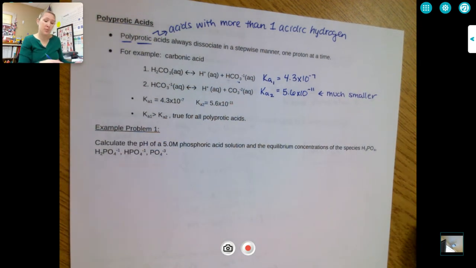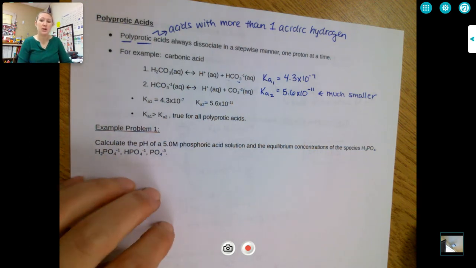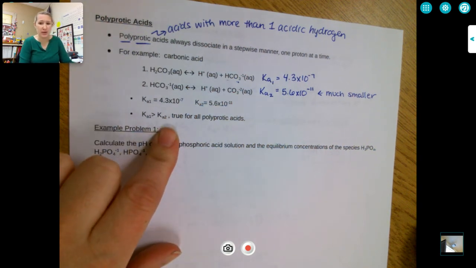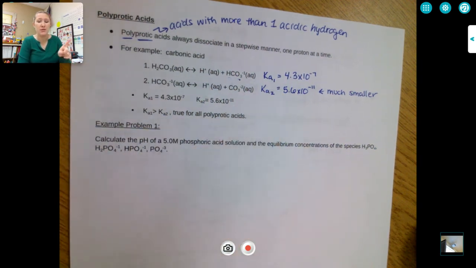We just saw in the previous problem that if my Ka value is much smaller, it's really not going to make a significant contribution to those hydrogen ions. But we're going to prove that here by looking at phosphoric acid. For all polyprotic acids, the Ka value for that first hydrogen breaking off is going to be much larger than the subsequent ones that come after it.